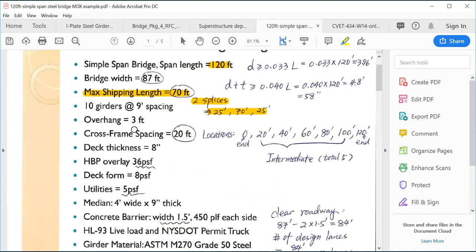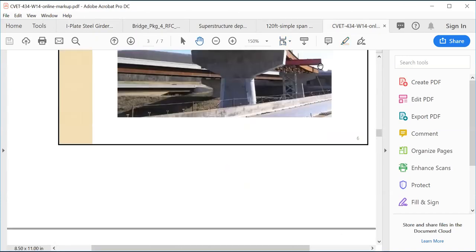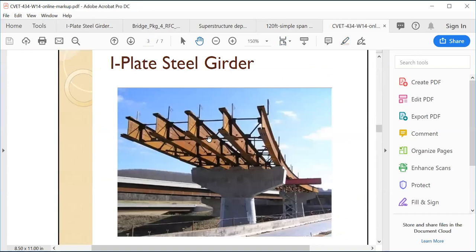And then cross frame, and cross frame spacing is 20 feet, and the cross frame usage is to reduce the unbraced length of the girder. And usually the bridge girder is pretty long, and in order to reduce the unbraced length, we want to use the cross frame in order to provide lateral torsional buckling resistance.